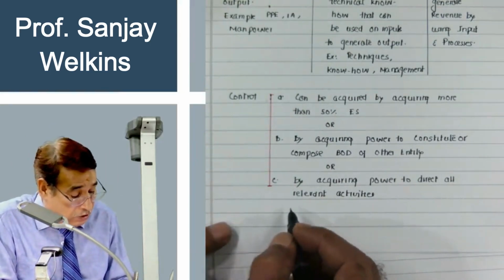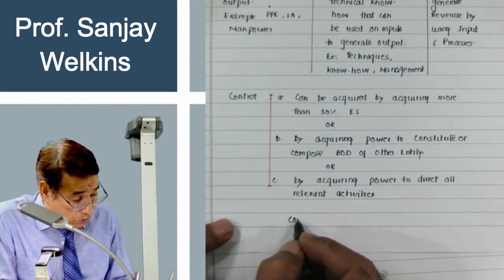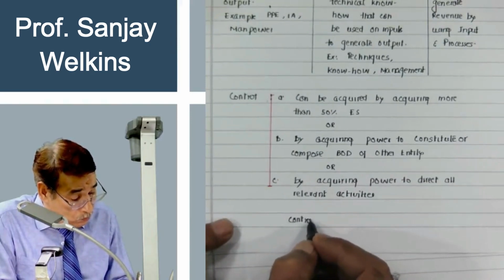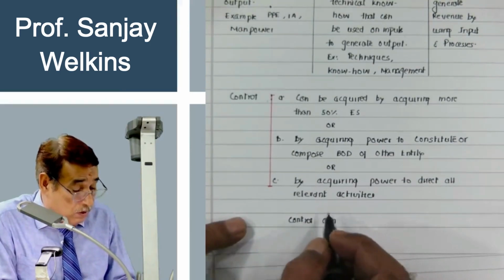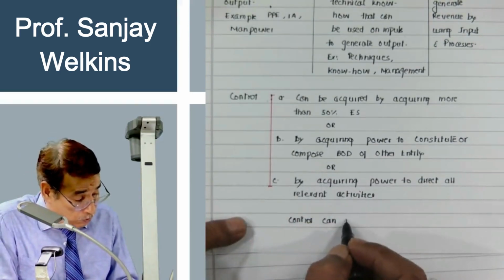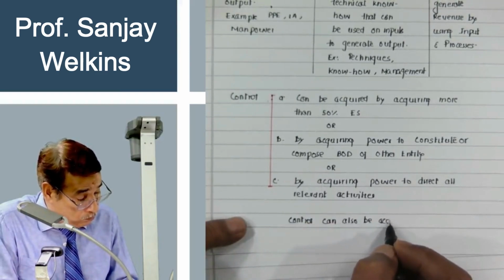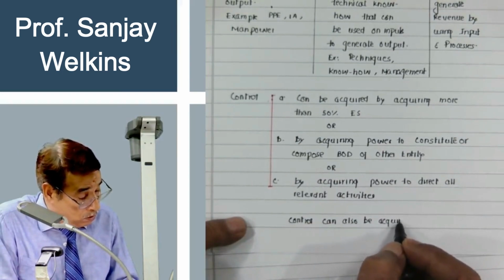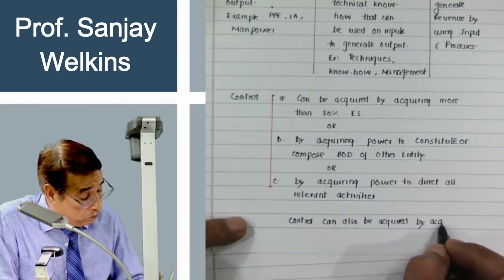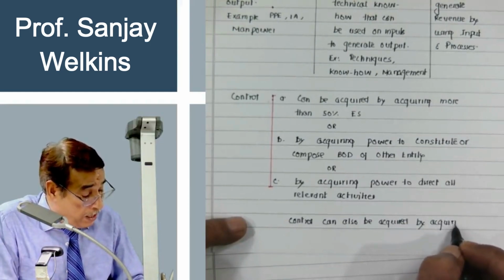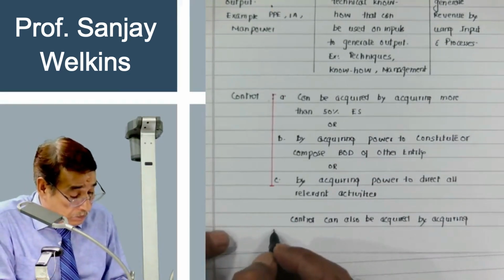However, there is another situation. Control can also be acquired by acquiring net assets of the other entity.